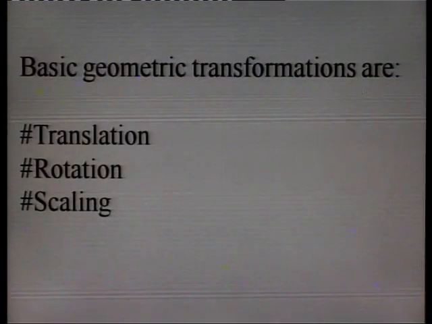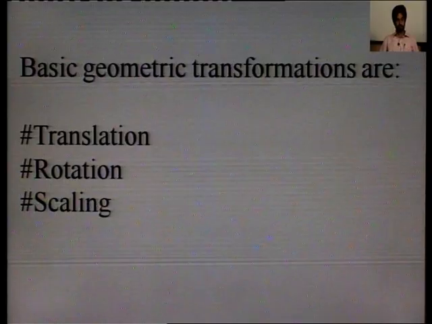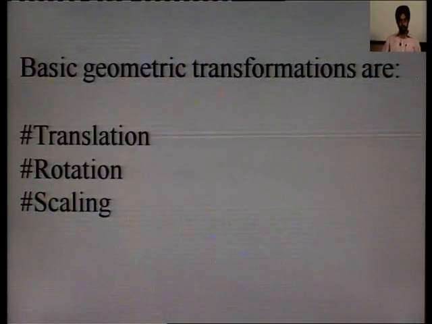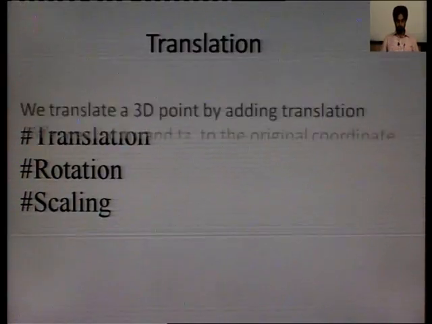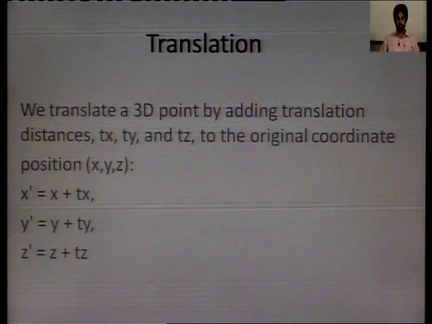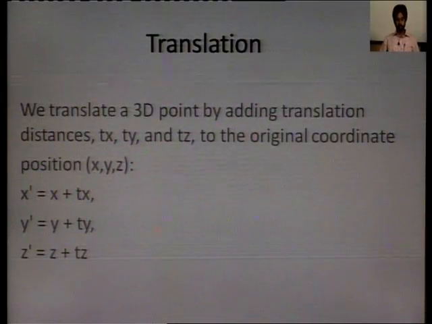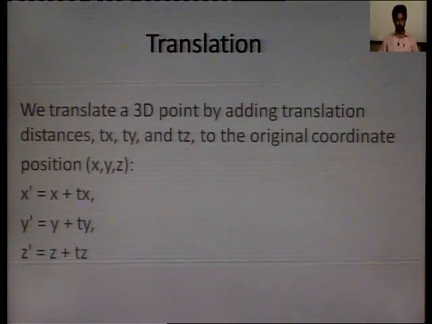The basic geometrical transformations are: number 1 is translation, number 2 is rotation, number 3 is scaling. In translation, we translate a 3D point by adding translation distances Tx, Ty and Tz to the original coordinate position x, y and z.